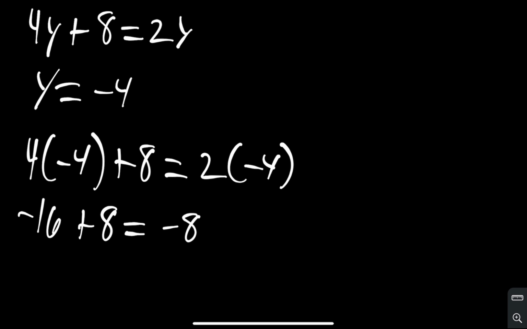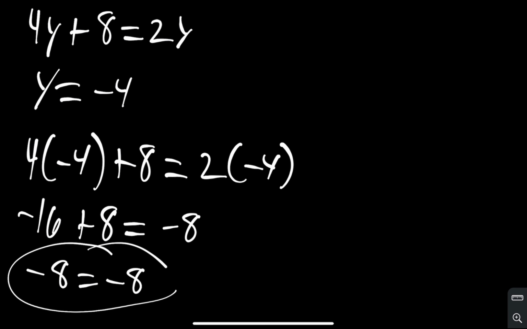Simplifying the left side, negative 16 plus 8 gives you negative 8. So negative 8 equals negative 8. That's a true statement, which indicates we did our algebra correctly. To satisfy this whole equation, y has to be negative 4.